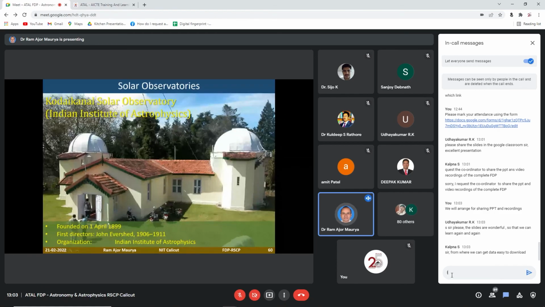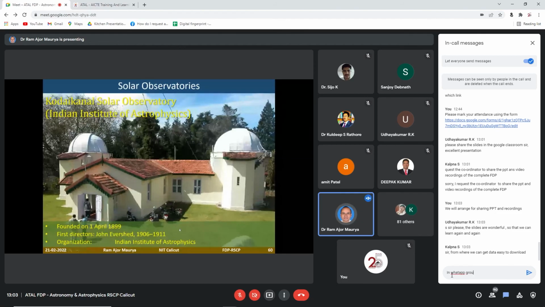When at one station the sun is setting, at another station it would be rising. If you have several telescopes, then the sun will never set, and we can have continuous observation.